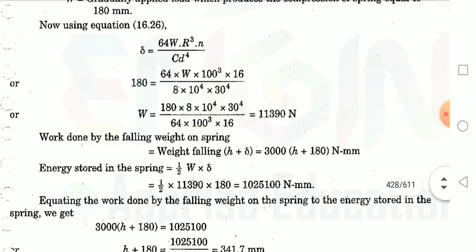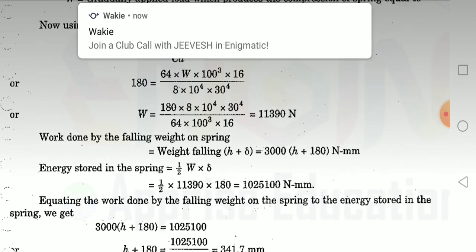And the energy stored in the spring, that is the strain energy stored in the spring, is half W into deflection. So half into that W, which we found using the spring formula, which is 1139 into the deflection, which is given in the sum as 180. So that gives a value of 102500 Newton mm.